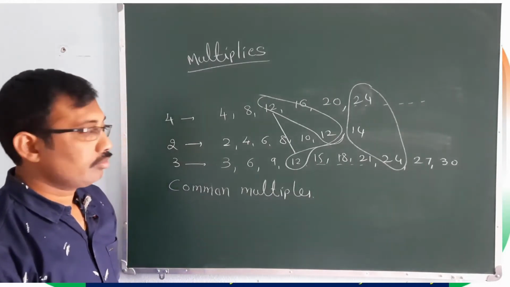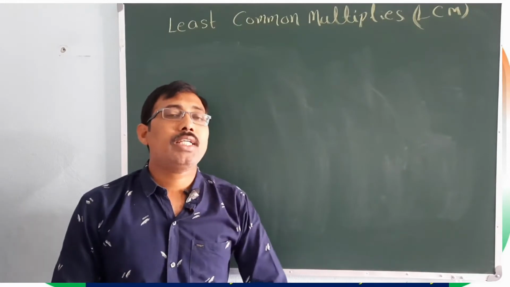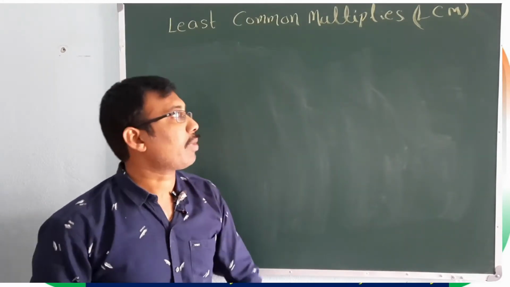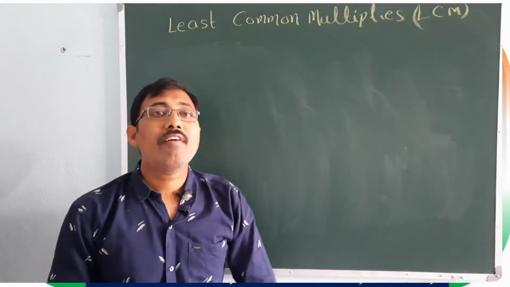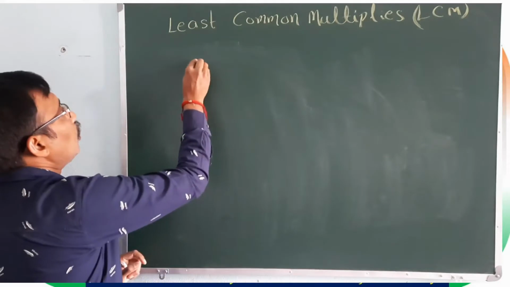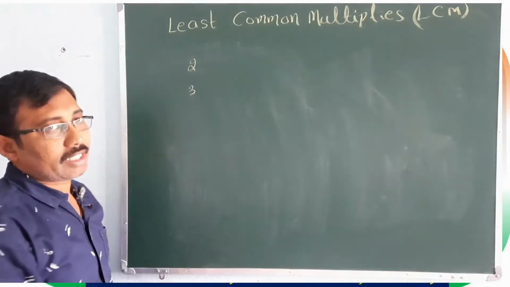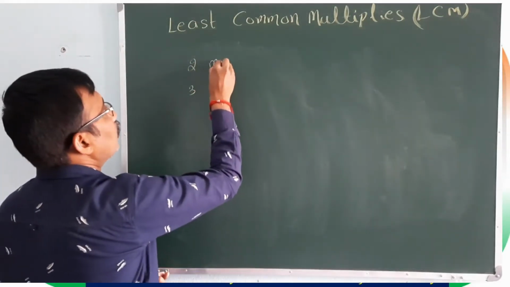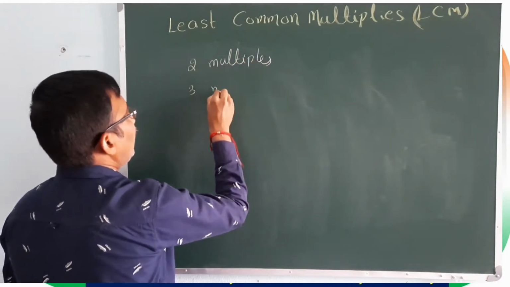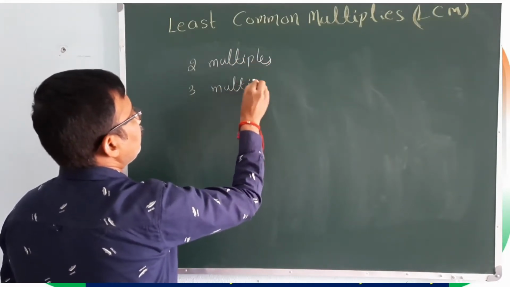Okay. The main concept is least common multiple, LCM. First of all, M means multiples. I take two numbers, 2 and 3. Write the 2 multiples and 3 multiples.